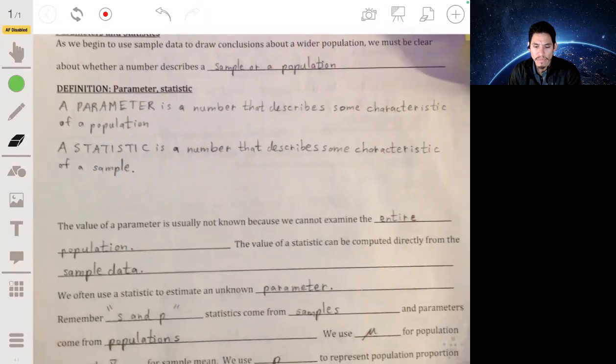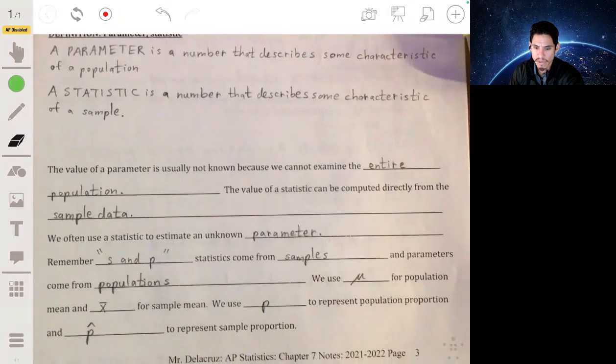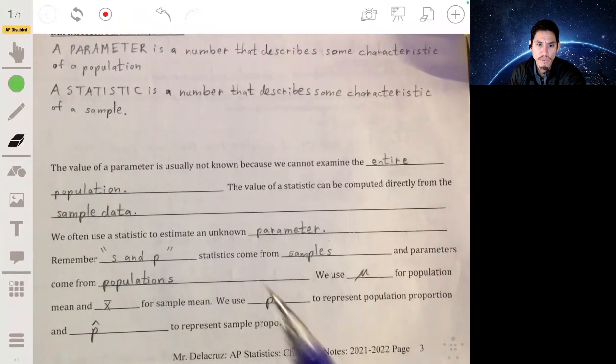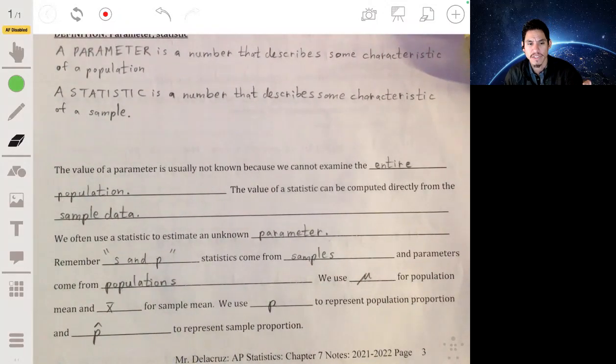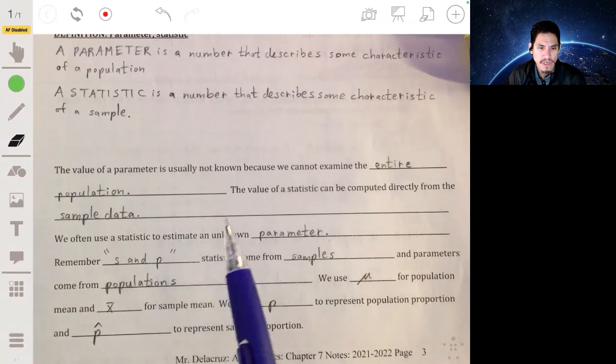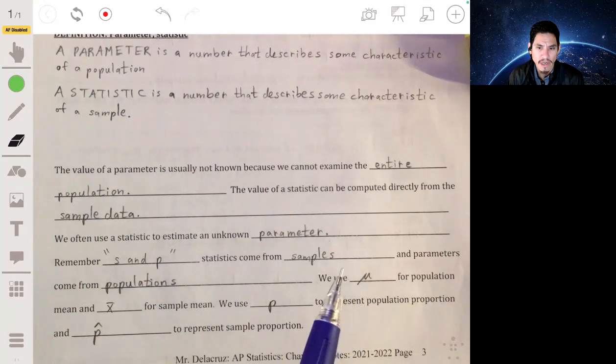Now, you probably noticed in your calculator when we were doing earlier problems, we use different symbols for the same characteristic. When we're talking about sample statistics, we tend to not use the Greek letters.